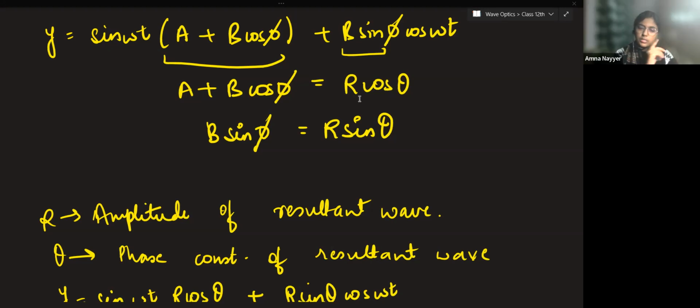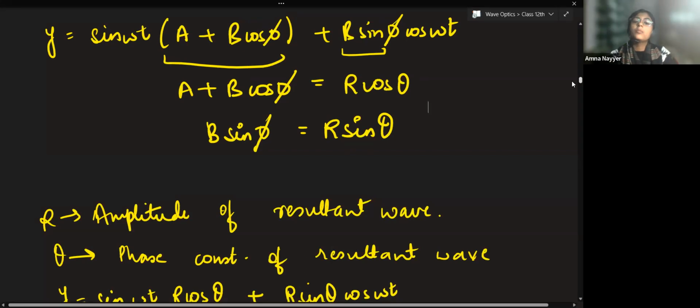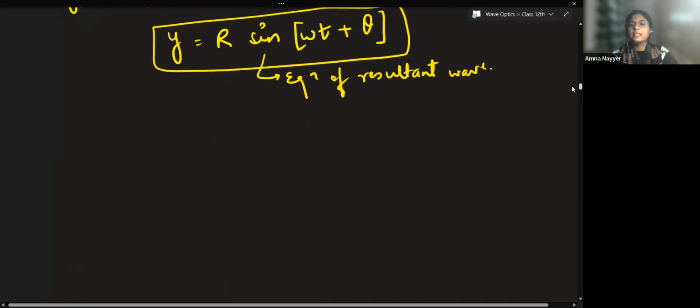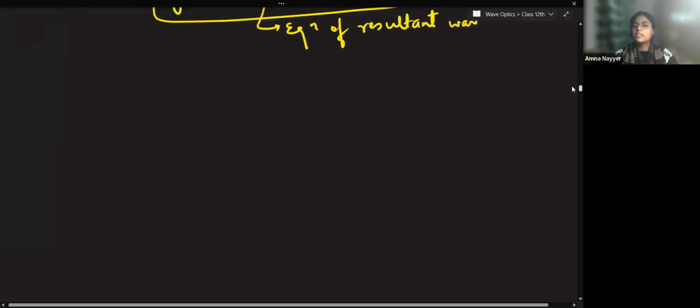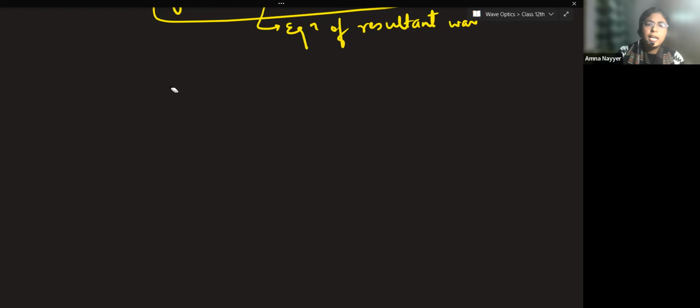We did this equation, so we just wrote amplitude of resultant wave. Let's see what will be the equation of resultant wave. If you have A as amplitude, B as amplitude, if you know both these amplitudes, how will you now solve further? So for that, we'll square and add both the two equations that we have got.